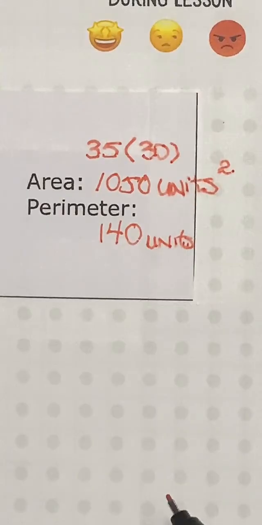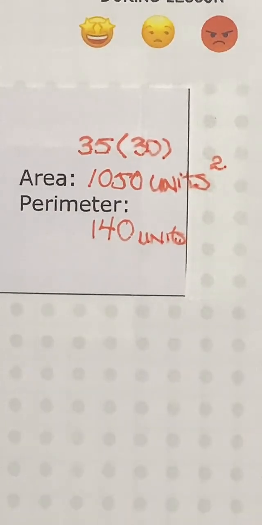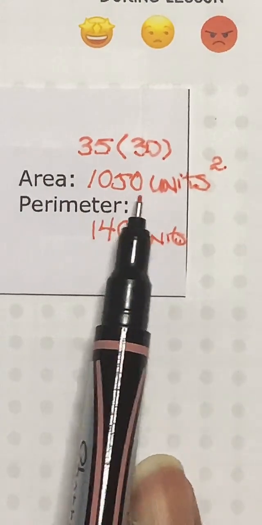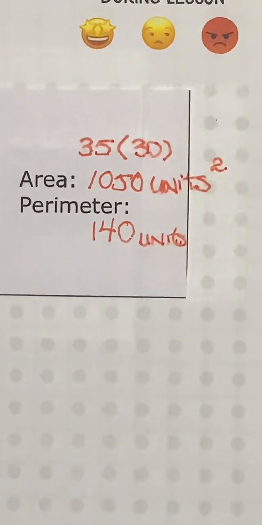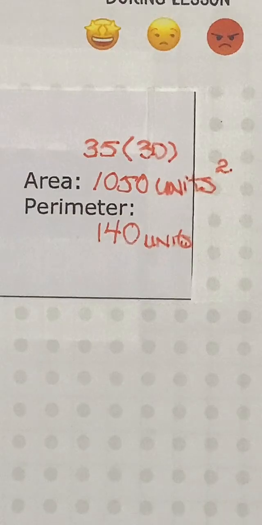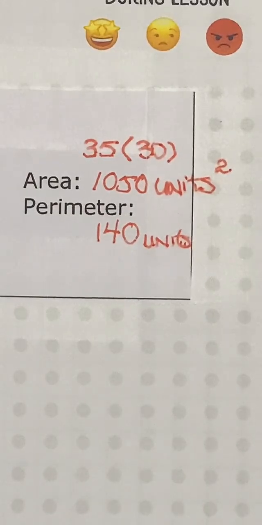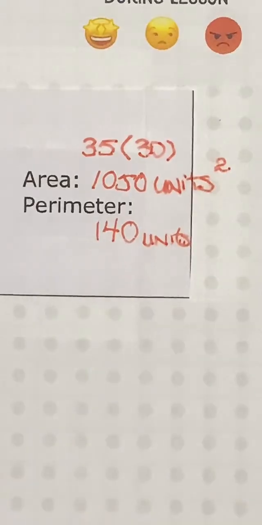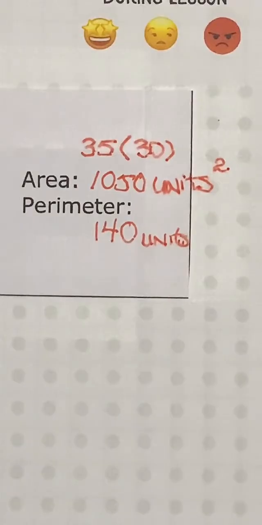And you look at the numbers, and you're like, okay, well, I got 3 and 3, so I know it's going to be more than 900 because I got to incorporate the 5s and the 0. So look at answer choices that way. So that's just another way you can do process of elimination, so you don't have to worry so much about doing a whole lot of calculations. And they do a lot of that with the ASVAB test. Because if they know that, okay, you know the unit of measure, that's half the game. Sometimes they'll just put 1 that says units squared, and that'll be your answer.